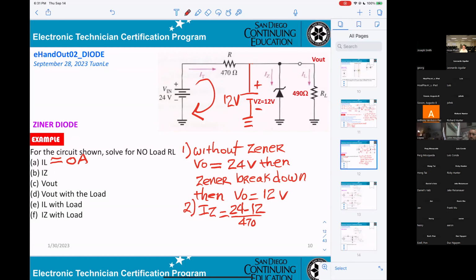Twenty-six milliamps. Yeah, you can do the calculation. Okay, that's IG. And then they ask what the V out is. We said in breakdown it was 12 volts, right?